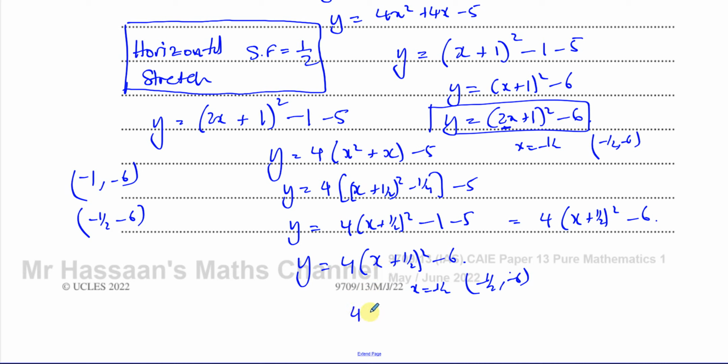We can make this 4 times x plus... If we add these together, you're going to have 2x plus 1, okay, over 2. Right? Because that's going to be x plus a half. So we can just manipulate a bit so it looks the same as this.